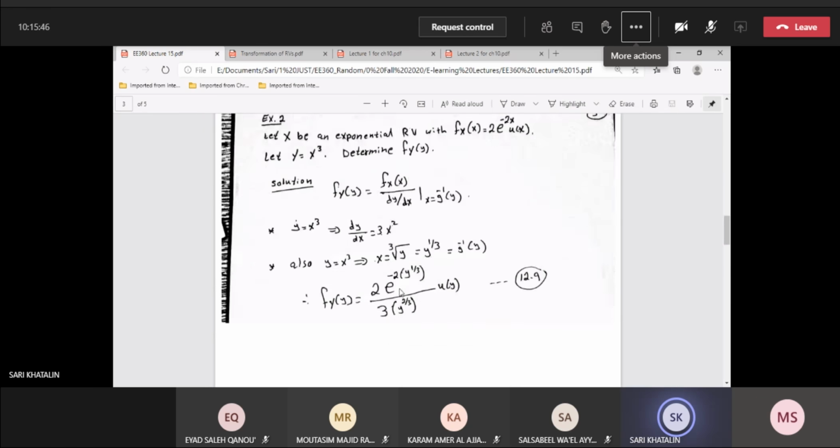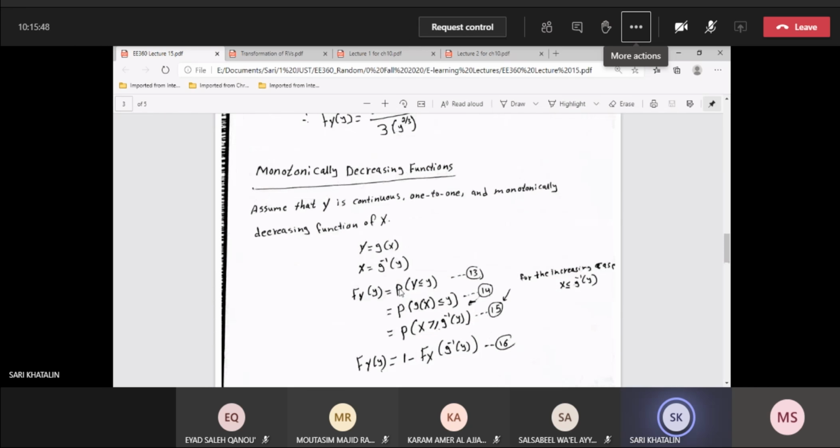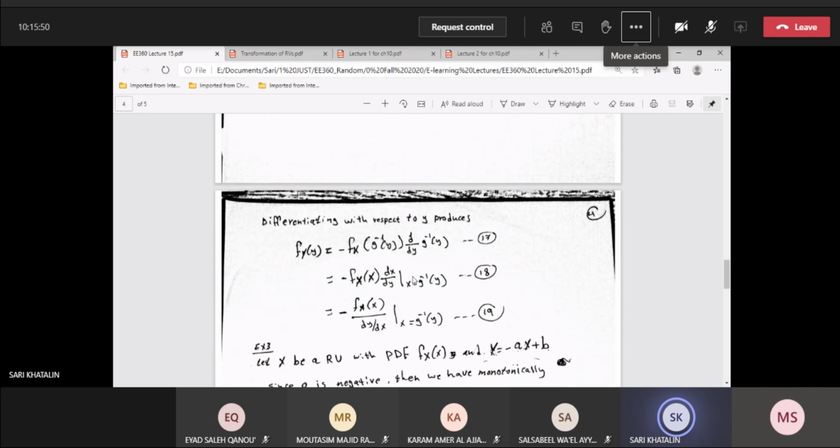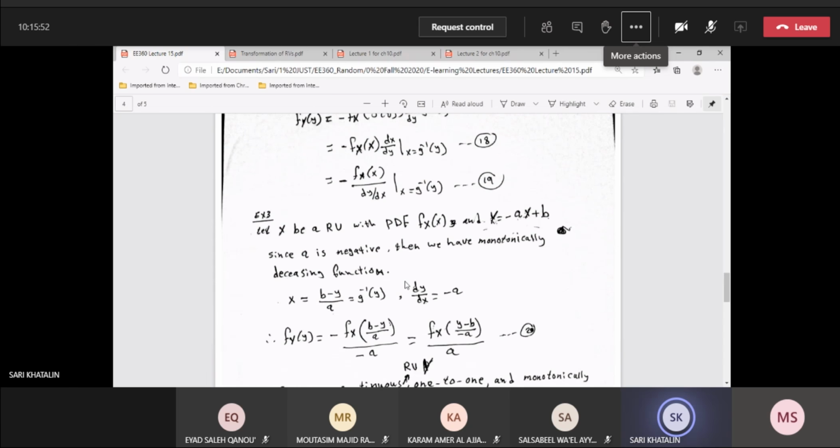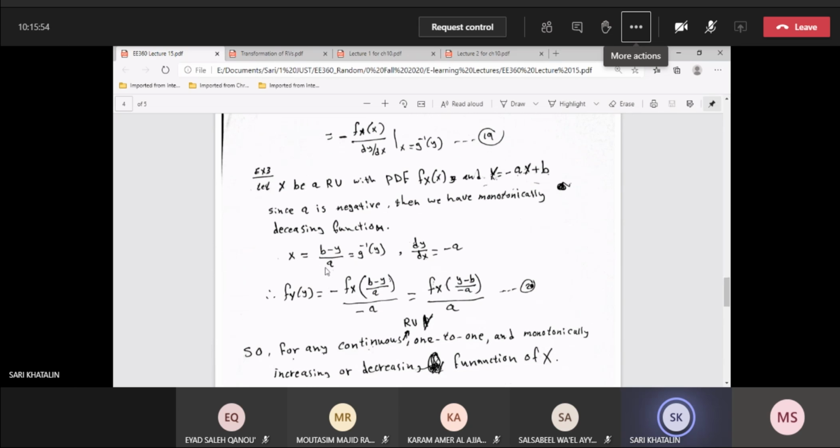So really, as you can see, the difference is in the x right here. When y is increasing, x will be (y minus b) divided by a, where in this case it's b minus y. So there's a sign, but as far as this one, the sign will go away when you do the derivative.